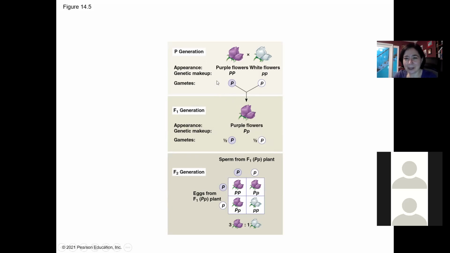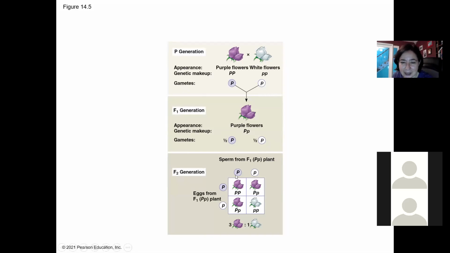Again, parental generation: purple contributes one of the purple alleles, the white contributes one of its white alleles. The F1 are hybrids, purple and white. And usually in genetics, a dominant allele goes as uppercase and a recessive as lowercase.